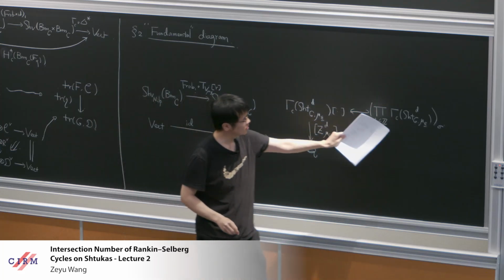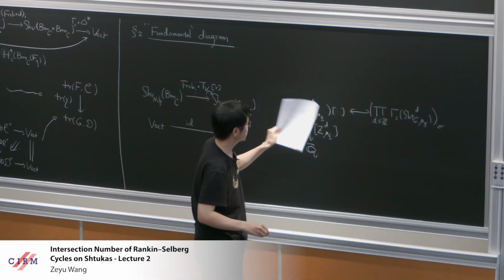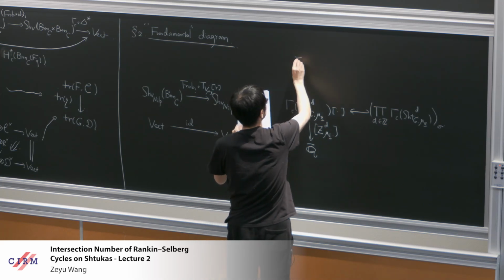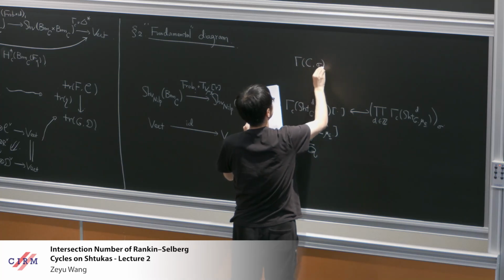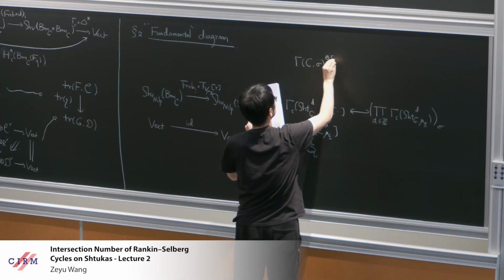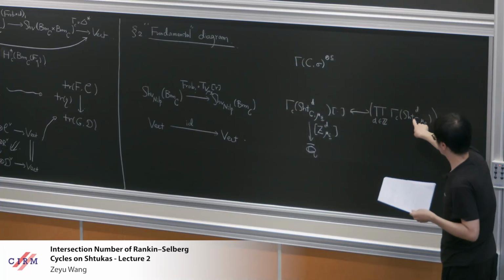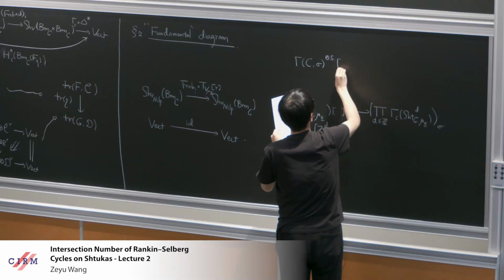And now you want to restrict it to the sigma isotypic part. But the sigma isotypic part is also something very explicit. It's just the cohomology of the local system tensored to some power. From now on, I will assume this Shtukas moduli space is non-empty, since the empty case is not interesting.